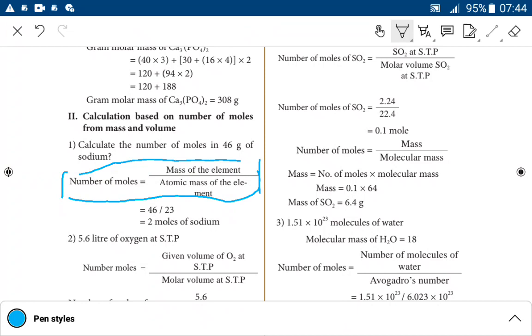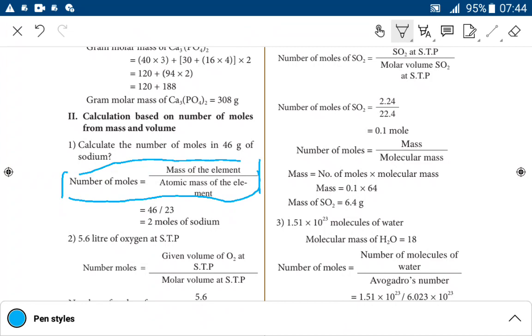So mass will be given, atomic mass you have learned already, or it is given in the table, sometimes given in the question paper. So you have to know the formula. Whenever you do the sum, you have to write the formula and then substitute the given values, next simplify, bring out the answer and write it using the unit.